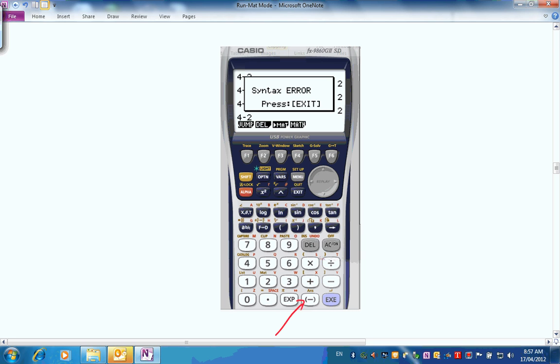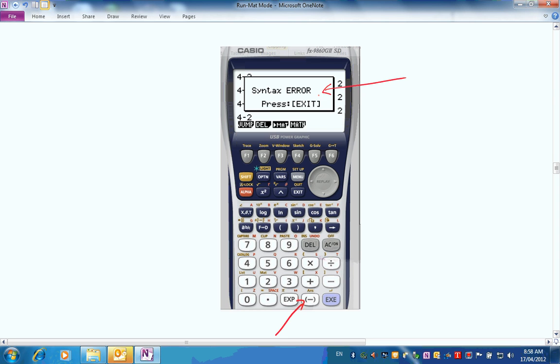It reserves it as a negative for a negative number. So it informs you up here that you've made an error in the calculator language and the form of instruction which the calculator requires, called a syntax error.